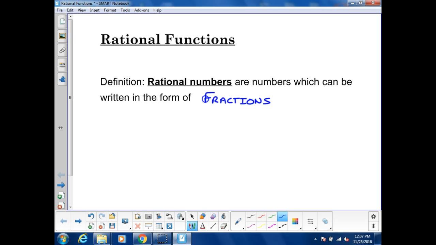If you think about the word rational, notice what's in rational. The word ratio, which is a comparison of two things, usually given to us in fractional form. So a rational number is a number that can be written as a fraction.